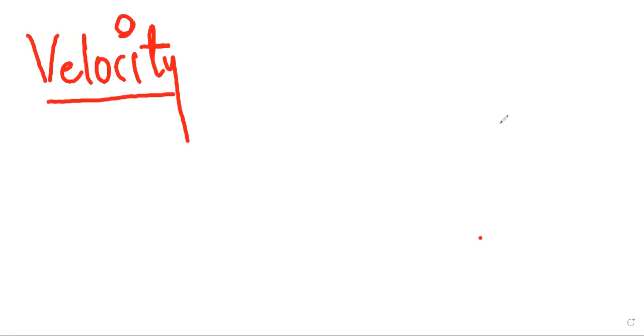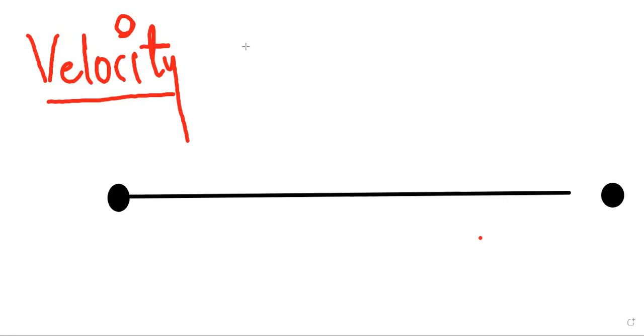So velocity. Okay, in case of distance and displacement, we know that suppose an object moves from point A to point B, like from here to here.